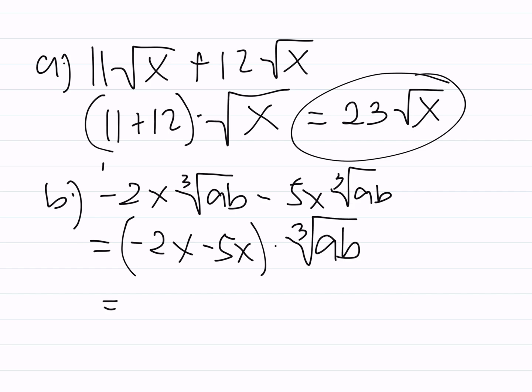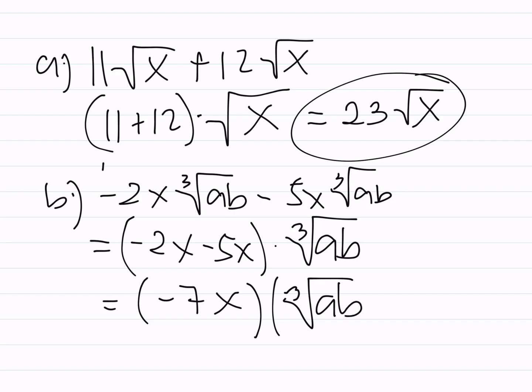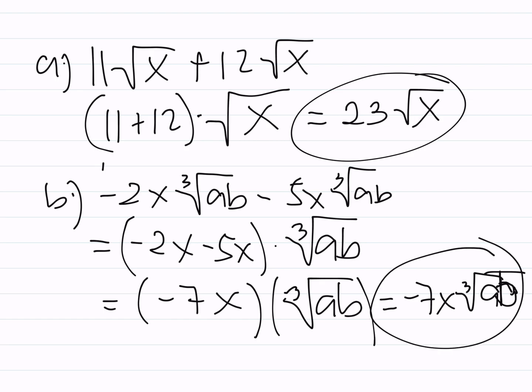Okay, so negative 2x minus 5x, we have negative 7x times the cube root of ab. So we have negative 7x, then the cube root of ab. Okay, so that's the final answer.